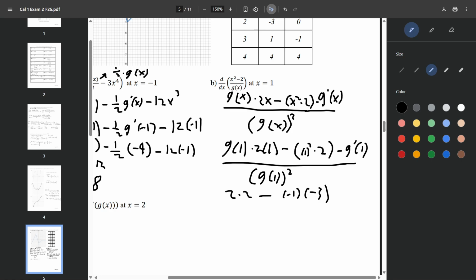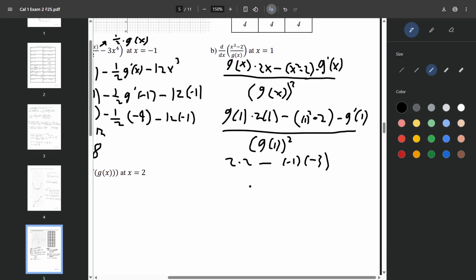Let me just double check. Yeah, that's a minus, not a multiply, sorry. And that's going to be all over 4, which means our answer is 4 minus 3 over 4, which equals 1/4.